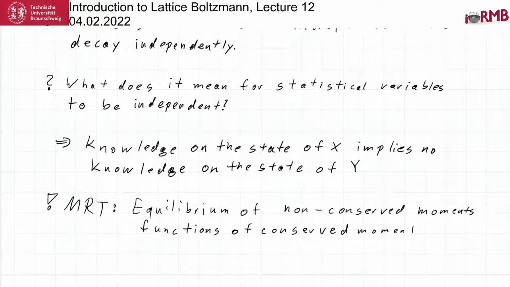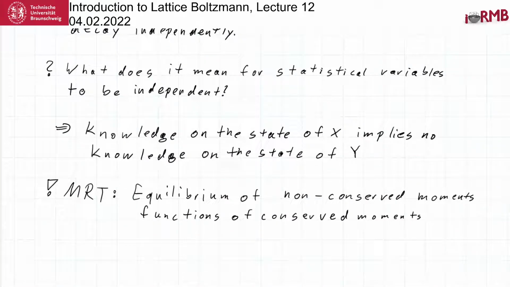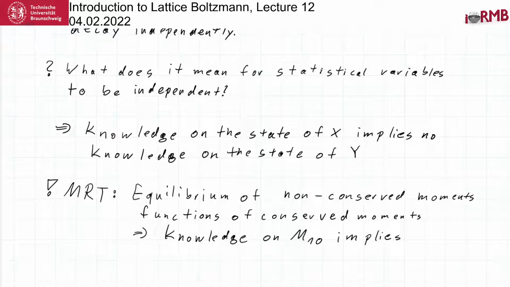And this is already strange, because if the equilibrium of a non-conserved moment is a function of the conserved moment, and the equilibrium is always the strongest part of a moment, so it's always at the lowest order, this means that knowledge on, say, M10 would already imply some knowledge on, say, M11 or other higher order moments.